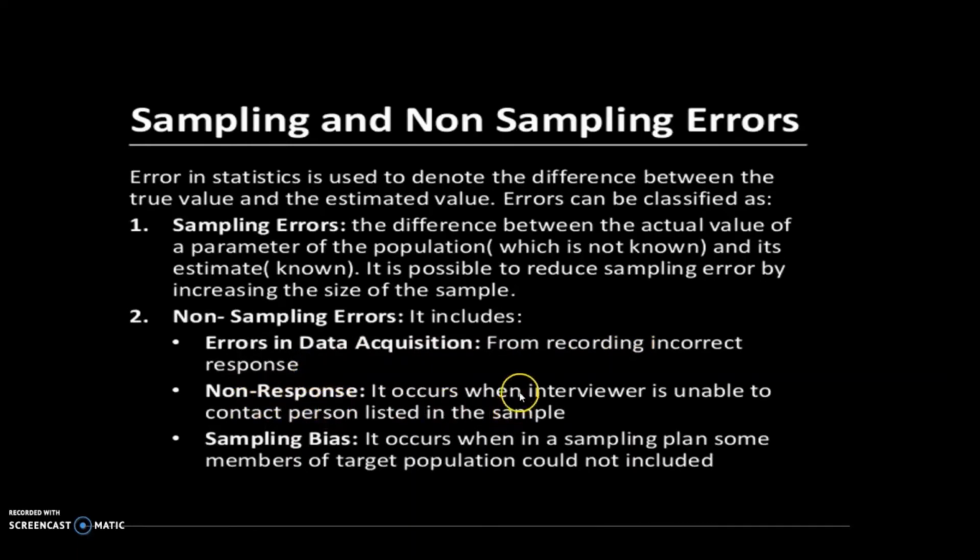It occurs when the interviewer is unable to contact the person listed in the sample. Then sampling bias. It occurs when, in a sampling plan, some members of the target population could not be included. So these are the main differences between sampling error and non-sampling errors.